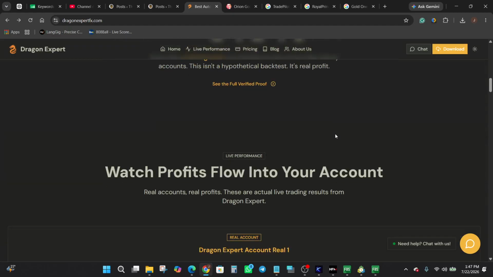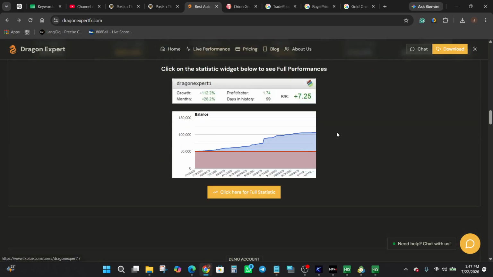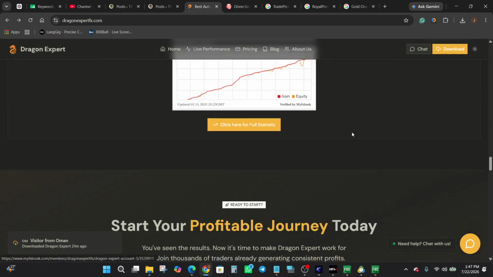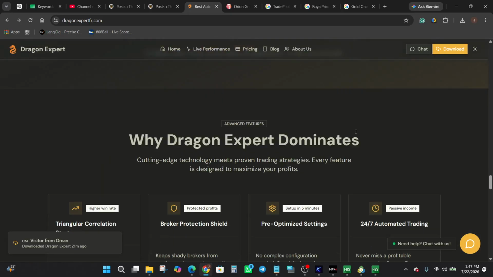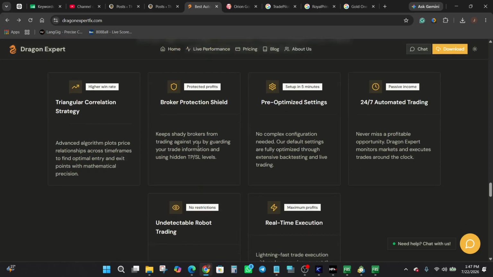So looking into how Dragon Expert operates based on the site's feature documentation. There is what is called the triangular correlated strategy, which is the main trading algorithm focused on mathematical price relationships across correlated currency pairs to identify entry and exit points. For the broker protection shield, the system claims to utilize hidden take profit and stop loss levels to guard trade data against broker manipulation or spread widening.